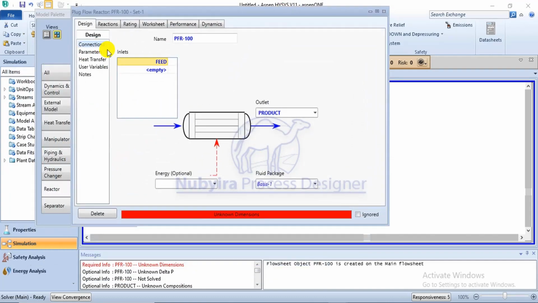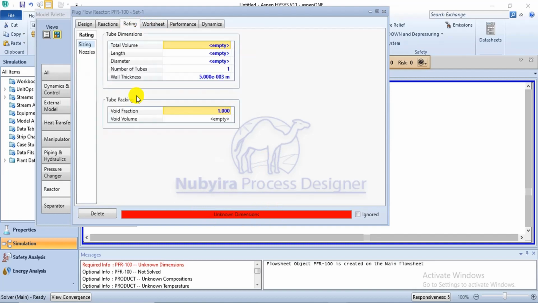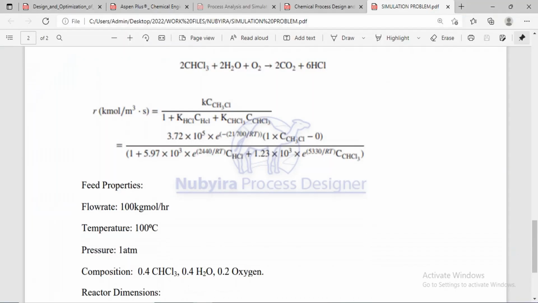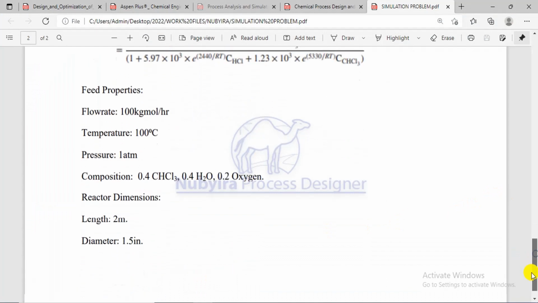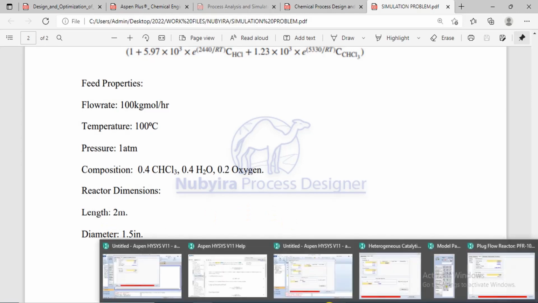Then for parameters, we can specify our pressure drop as Ergun equation. We can use Ergun equation so that Hysys calculates the pressure drop. Then we can now go and specify the dimensions in the ratings tab. So for dimensions, you have a length of 2 meters and a diameter of 1.5 inch.